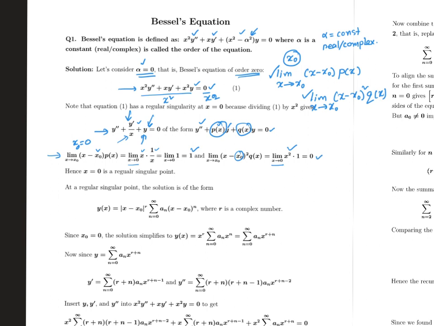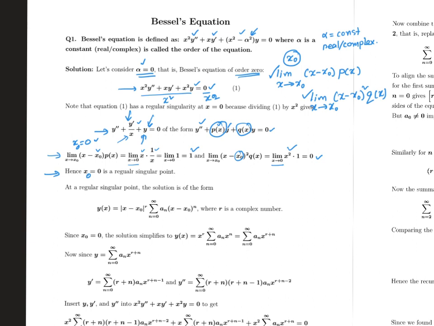Both of these limits do exist. Therefore, the point in question, x naught equal to 0, is a regular singular point. If it is a regular singular point, then we can find the solution.